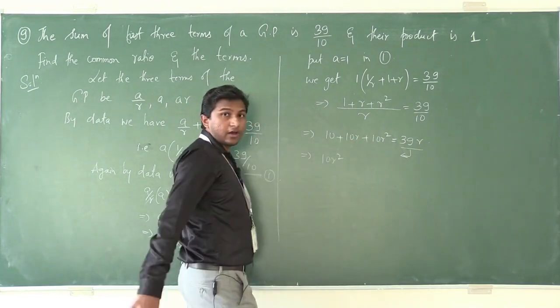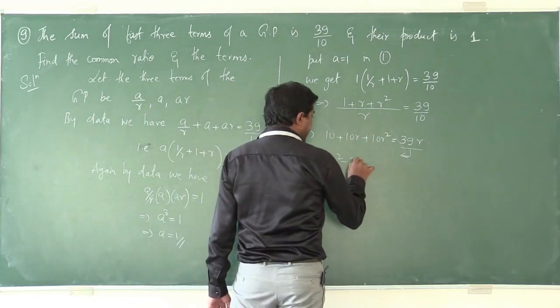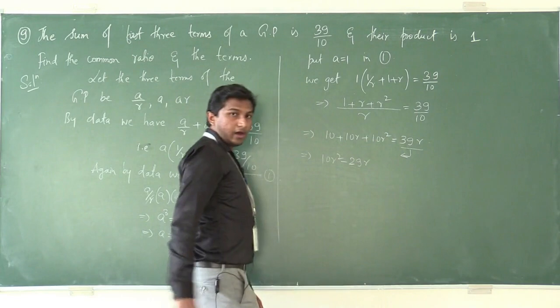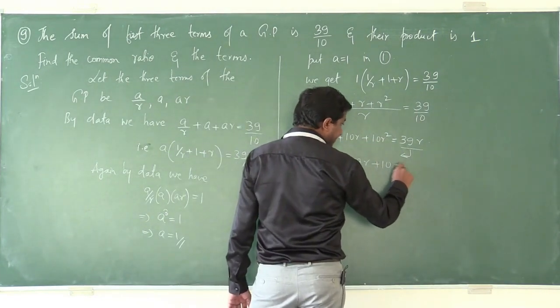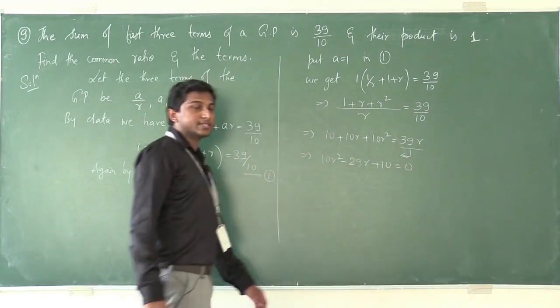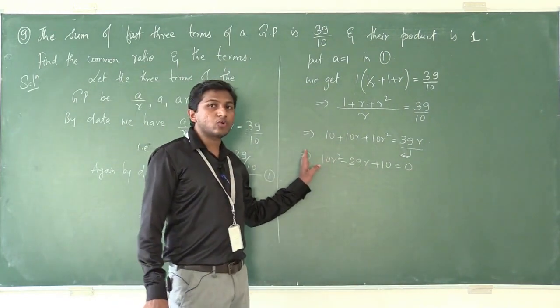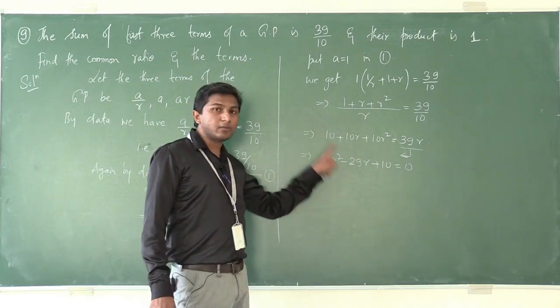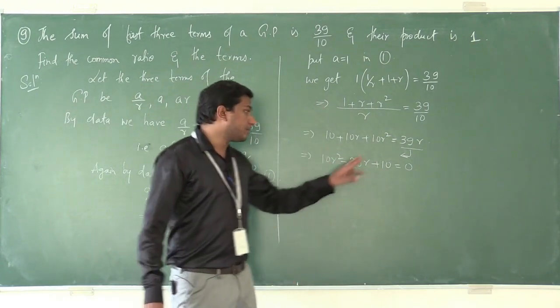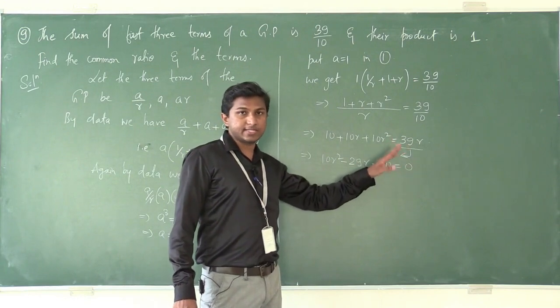Minus 39R plus 10R gives us minus 29R. What am I left with? Plus 10 equals 0. So we have a quadratic equation in R: 10R square minus 29R plus 10 equals 0.